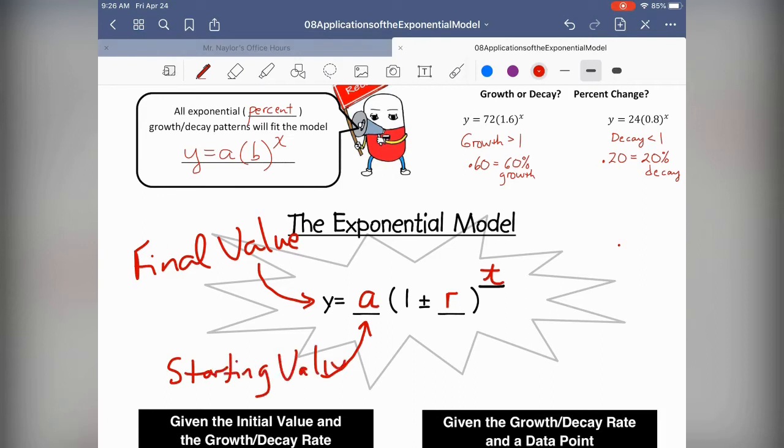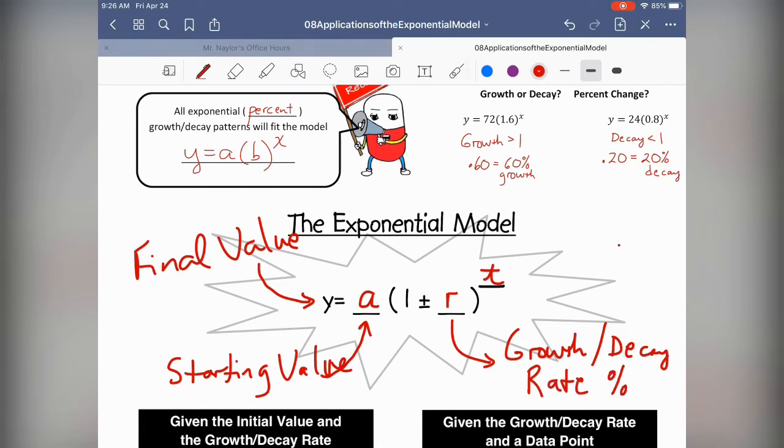Now, the main new part of this formula is what has happened on the inside, what has happened here to the base. You see, the base has now been described as 1 plus or minus r, where r is going to be our growth or decay rate. R is going to be the percent.